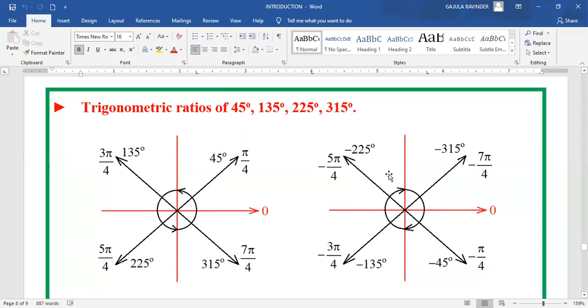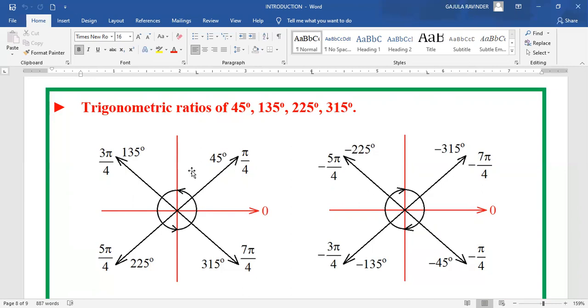Also in clockwise direction. So just forget about the sign for a few seconds. Now just think about the values. For all these angles, sine and cos will be 1 by root 2 only. Tan and cot will be 1 only. Absolute values I am speaking about. Secant and cosecant will be root 2, my dear friends.